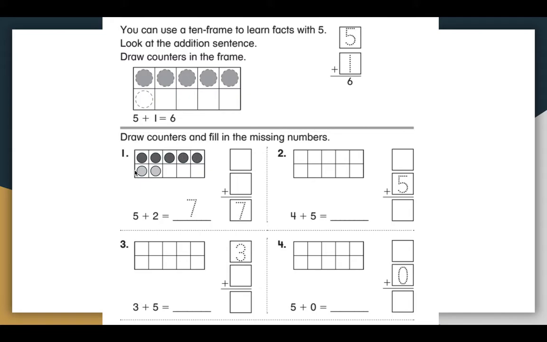So 5 and 2 more, 5, 6, 7. Or I see that there's 3 blank spots in the tens frame, so I know that that would be 7. Next, I have to fill in my equation. So 5 plus 2 equals 7. Then I'm going to write it vertically or up and down. So it was 5 plus 2 equals 7.